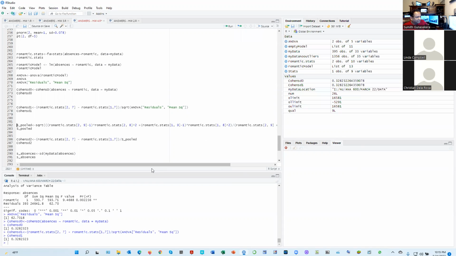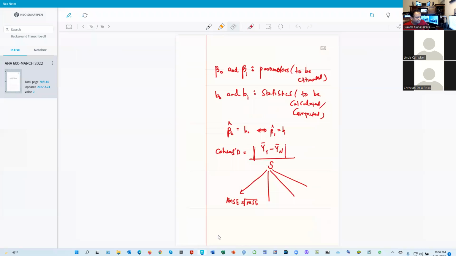For the other formula, I'm trying to get the pooled S first.